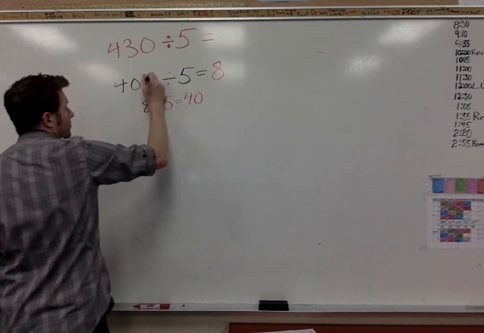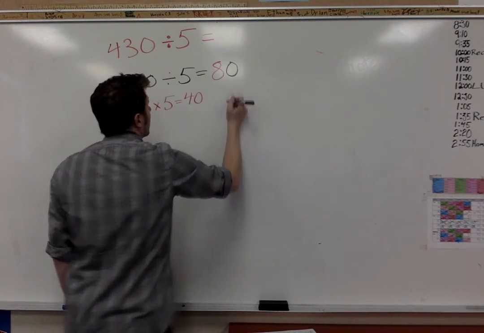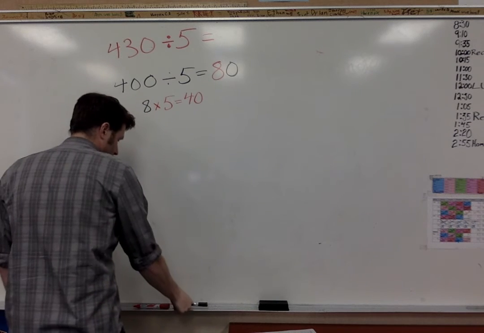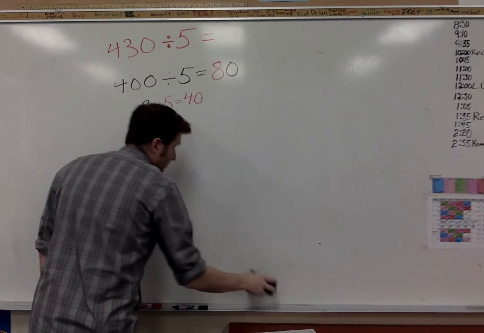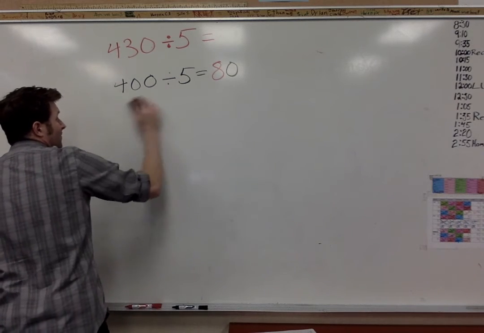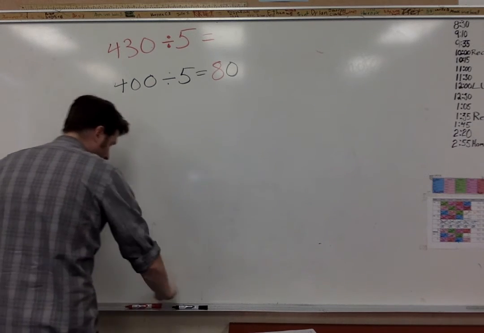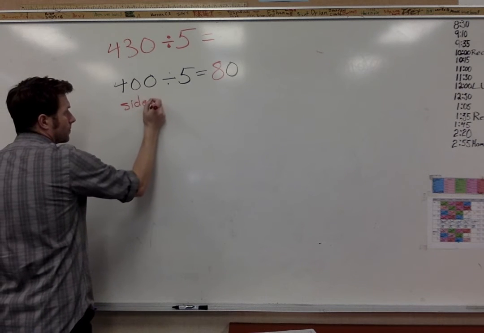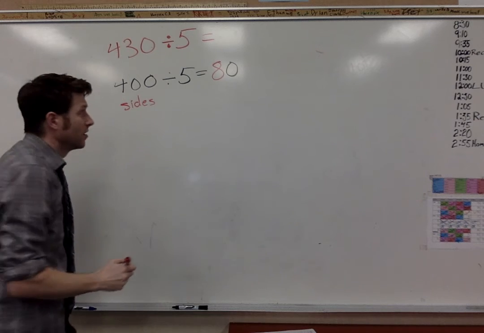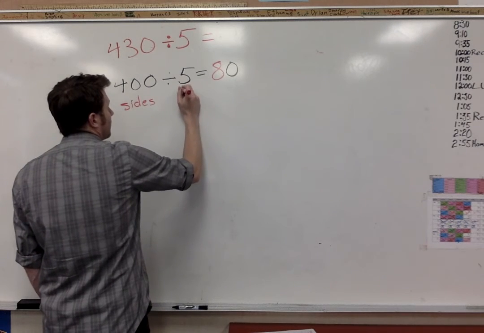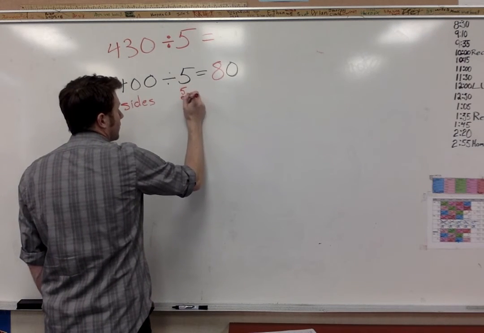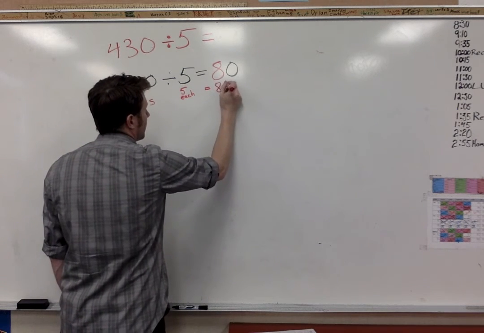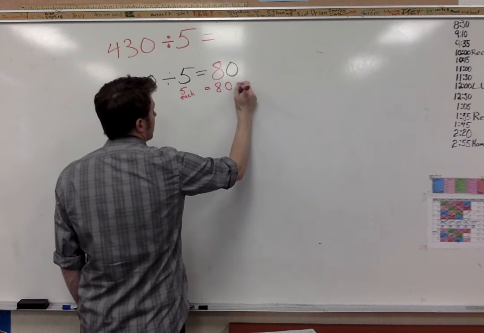So bring our zeros back. And 40 divided by 5 is 80. So we know that there are 400 sides on the page, and each shape has 5 sides, so we should have 80 shapes.